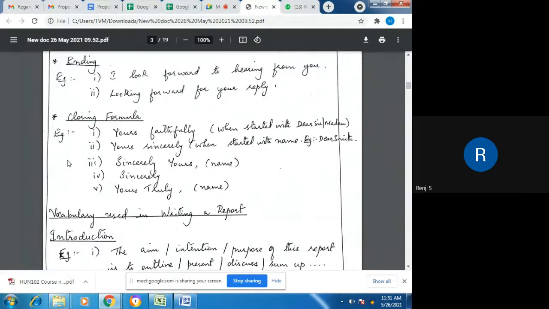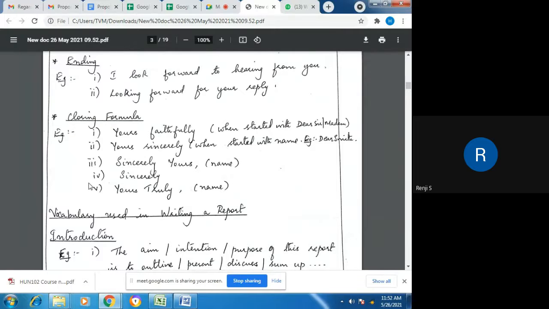Usually we write faithfully and sincerely when we address people at a higher level than us, or a respectable person like our principal or staff or any faculty member. Then you write yours faithfully or sincerely, etc.